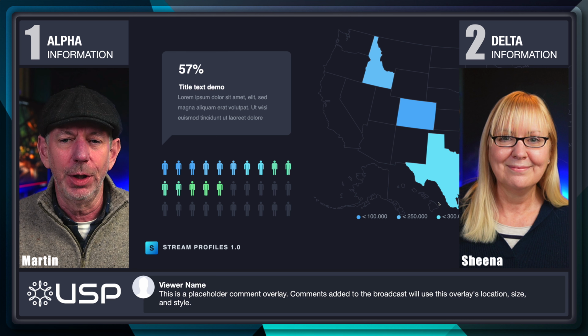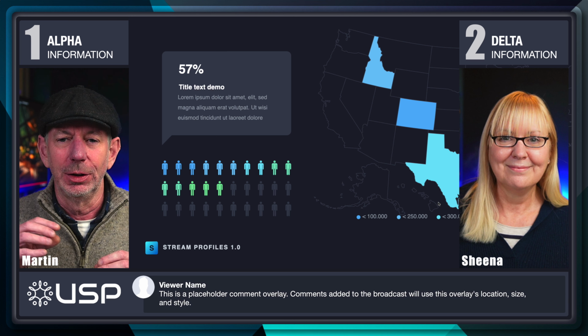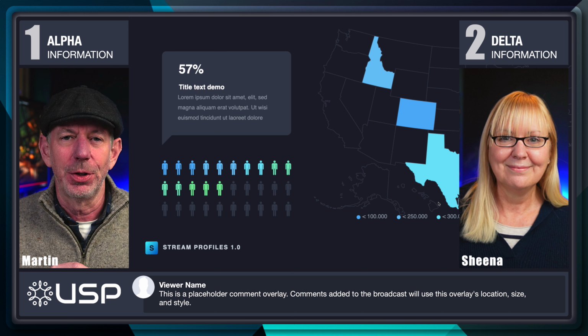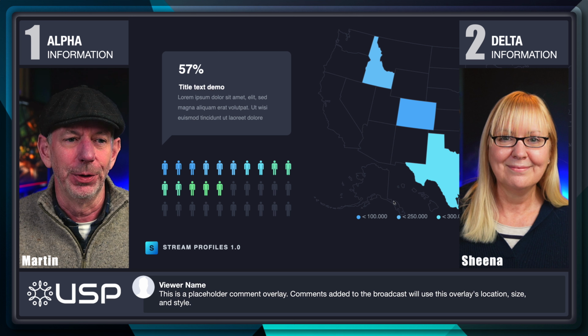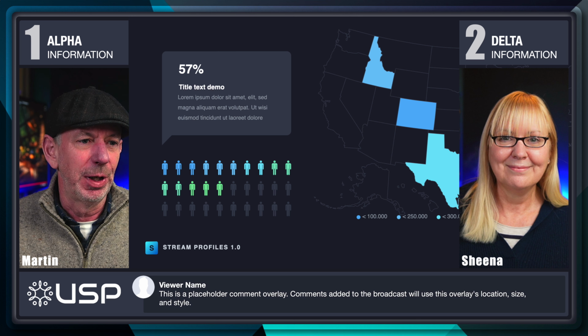Now, a couple of other things that you need to do there as well is you're going to find that you need to have Sheena sitting above the deck rather than beside the deck in this particular mini deck use case. So let us have a look at that by going into my Ecamm live demo mode.